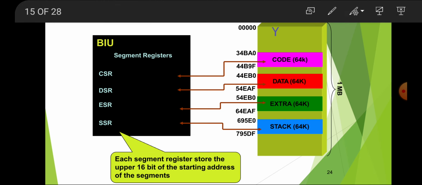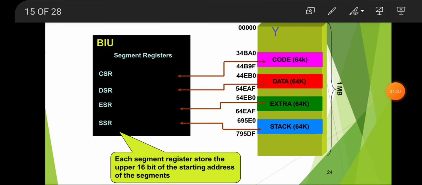Then we come back to the same point. The BIU segment registers are the code, data, extra and stack segment registers.